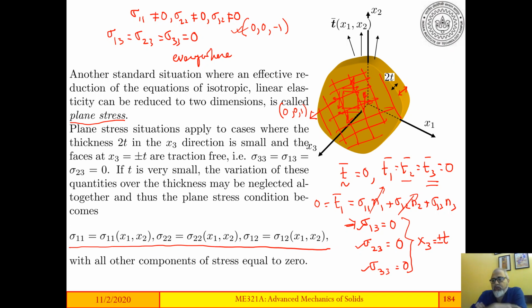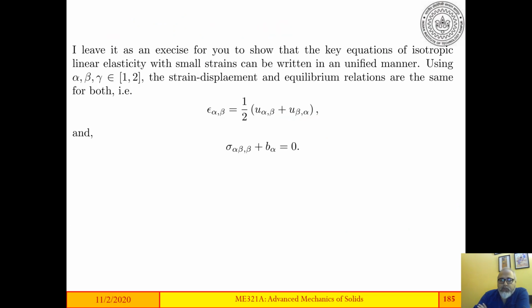Now, I'm not going to work out this in as much detail as I did for plane strain, but we can again show that epsilon alpha beta, where we are using these Greek subscripts, which go from 1 to 2, not from 1 to 3.